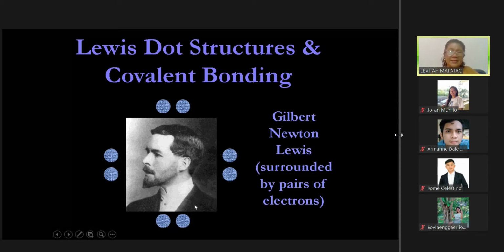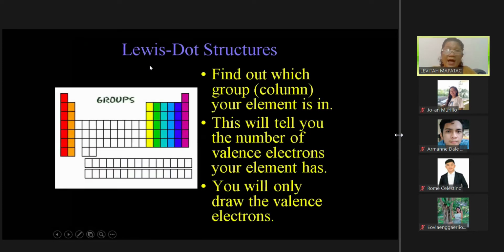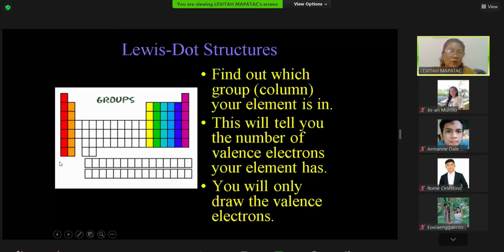Next, in order to find the Lewis dot structure, this is represented in the group: group 1A, group 2A, so on and so forth. Where the group belongs tells the number of electrons in the outermost shell.